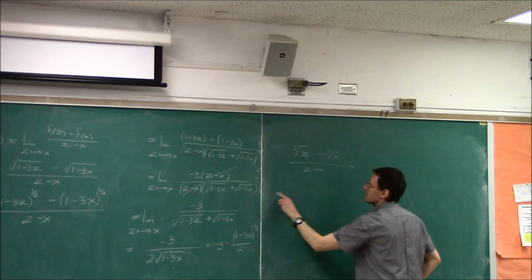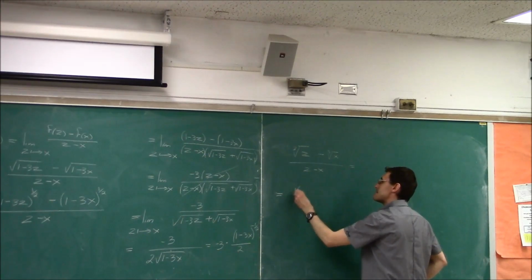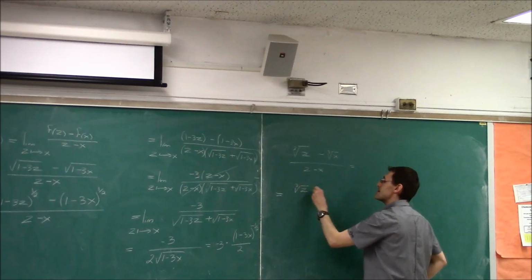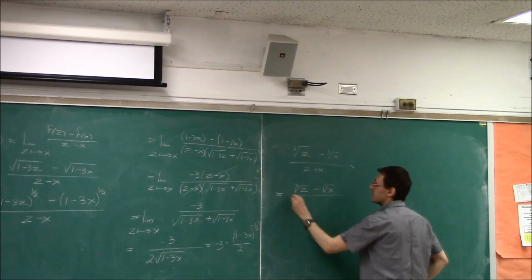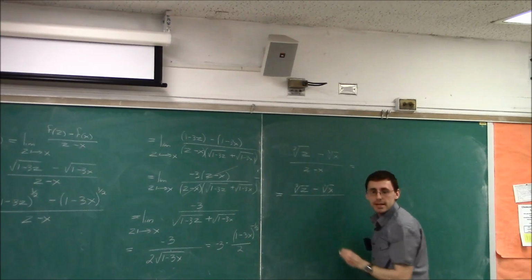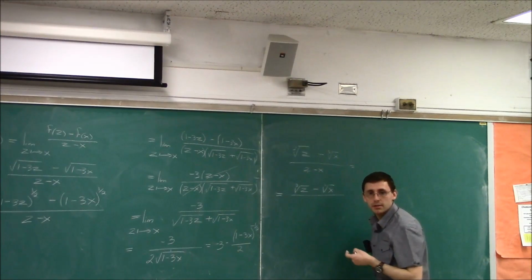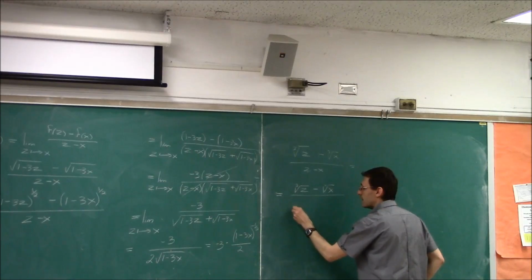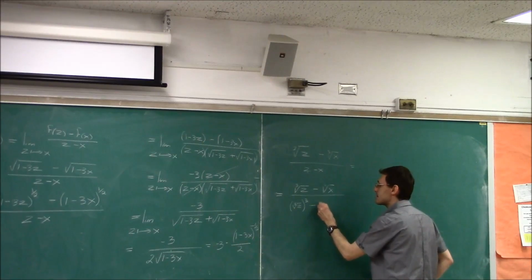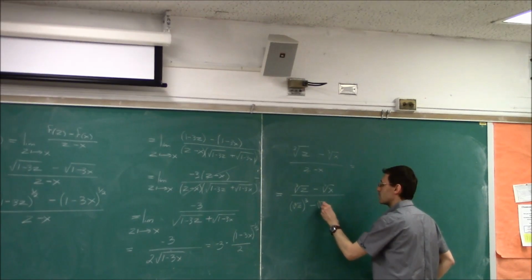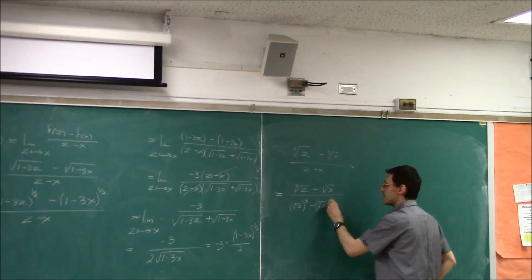So what I can write this as is cube root of z minus the cube root of x divided by, the denominator is actually a difference of cubes if you look at it the right way. Now, how do you look at it the right way? You say this is the cube root of z cubed minus the cube root of x cubed.